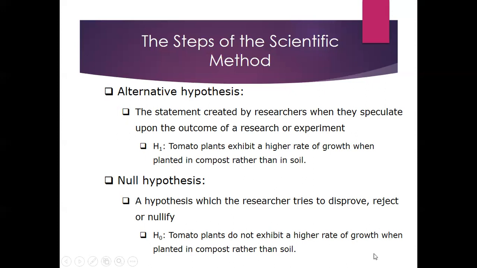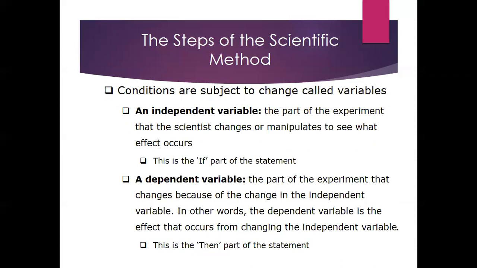So here you have a nice simple example of how null and alternative hypothesis statements are presented. Again, you would be required to present both a null and alternative hypothesis statement, research questions followed by hypothesis.